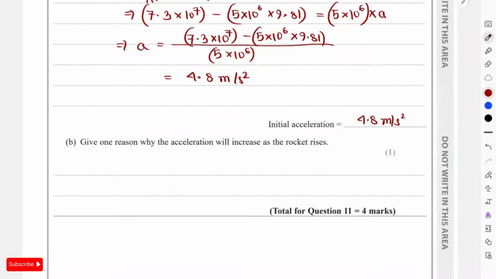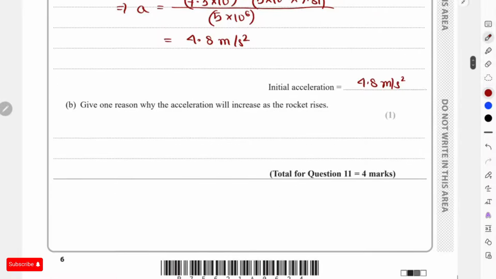But as this is just a 1 mark question, you can just write that as fuel is being burned, mass decreases, therefore resultant force increases.